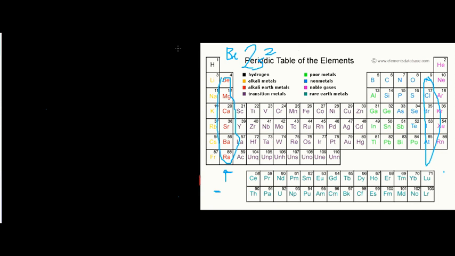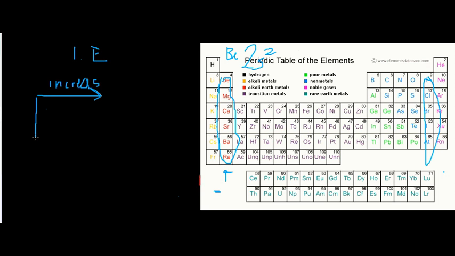So let's talk about the anomalies for ionization energy. Usually the trend of ionization energy is that as it moves to the right in a row, the ionization energy increases because the radius becomes smaller, and thus it's harder to take away an electron from the atom.